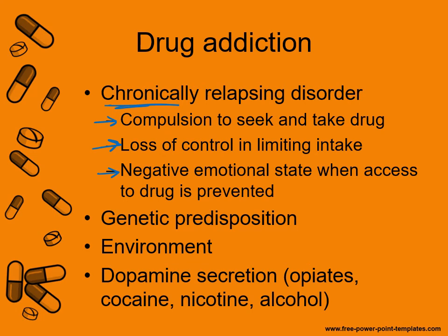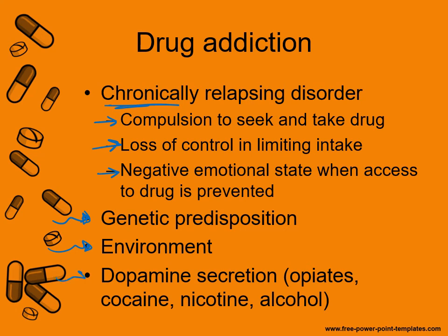Some of the risk factors for drug addiction: some of us tragically have a genetic predisposition. If you have parents or grandparents who were addicted to alcohol or drugs, you are more likely to be an addict. You're not necessarily for sure going to be, but your risk is higher. Environment: if you are around a lot of people who are taking drugs or drinking alcohol all the time, you are more likely to become addicted to those substances.